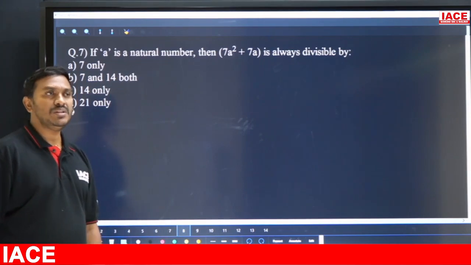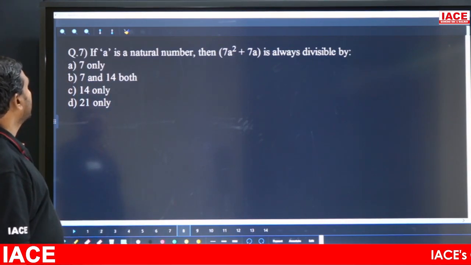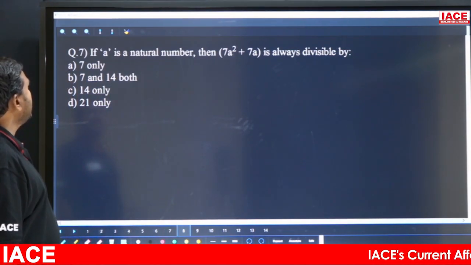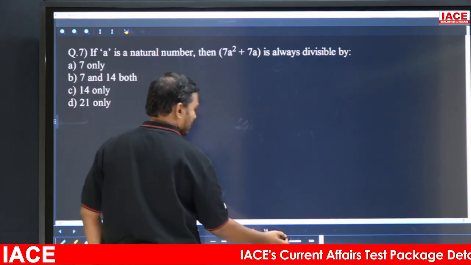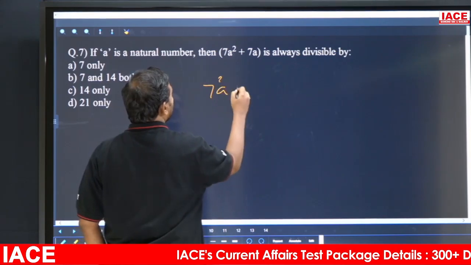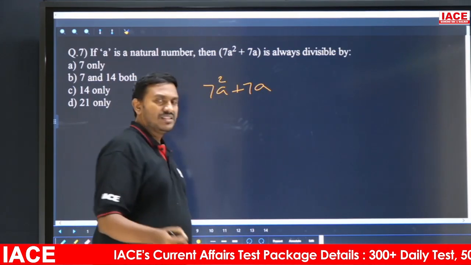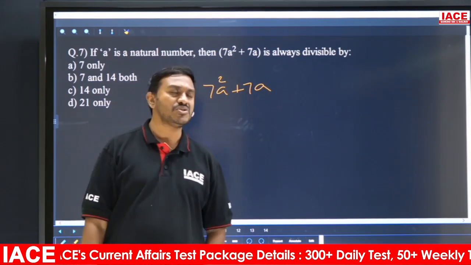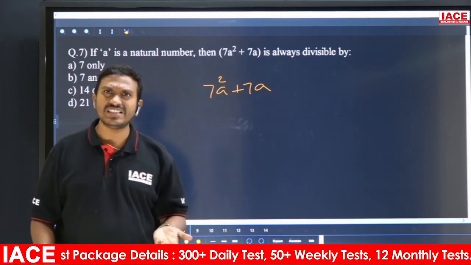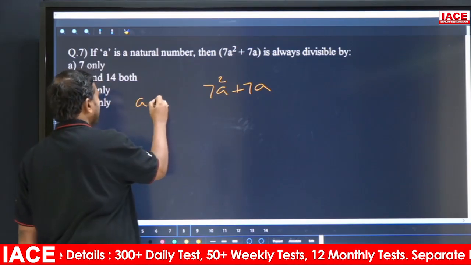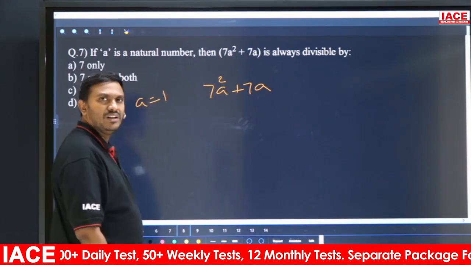Then question number 7. See, if a is a natural number, then 7a square plus a is divisible by what? This is not a pure maths question, it's an algebra question. Just put a equal to 1.